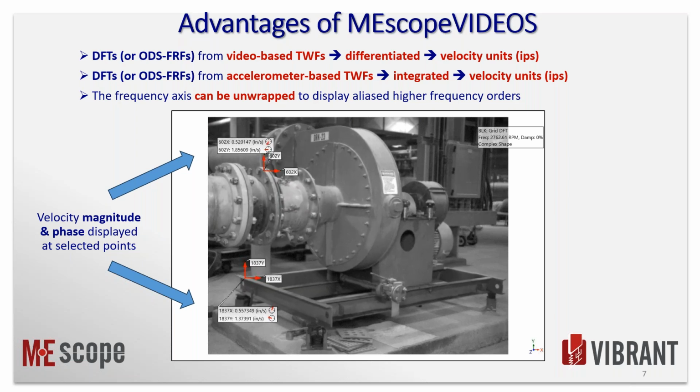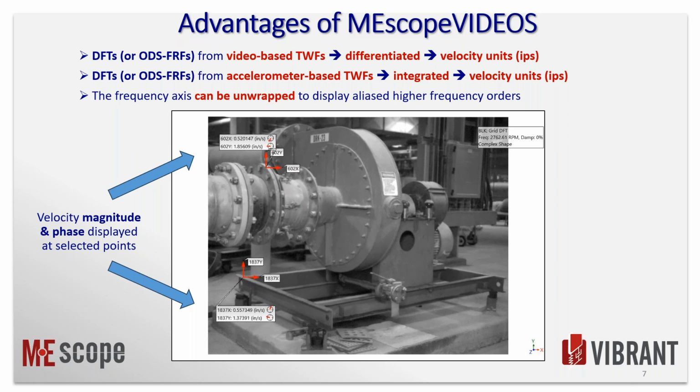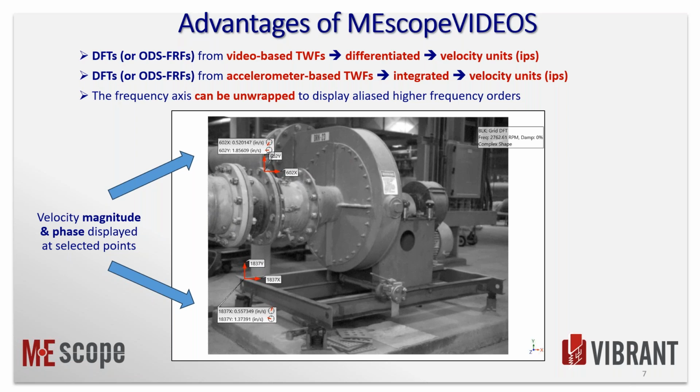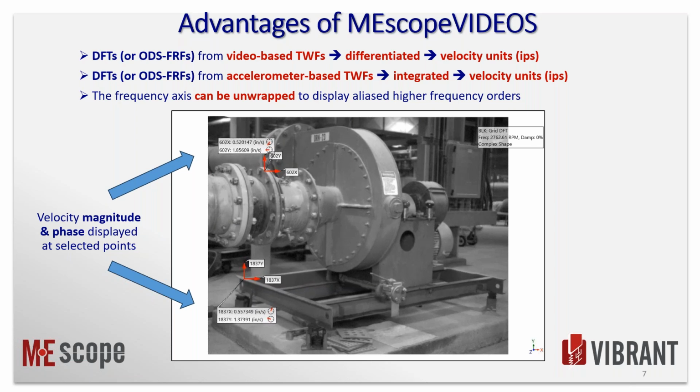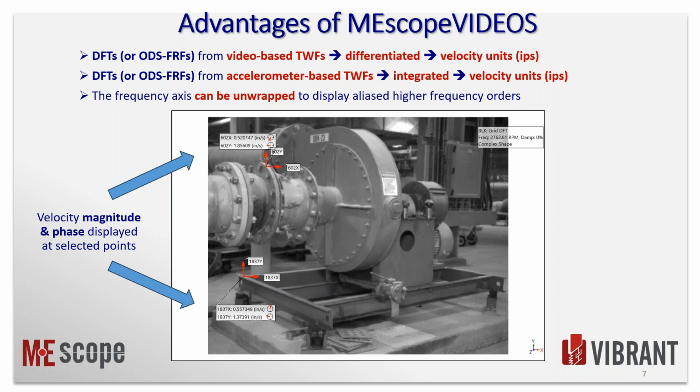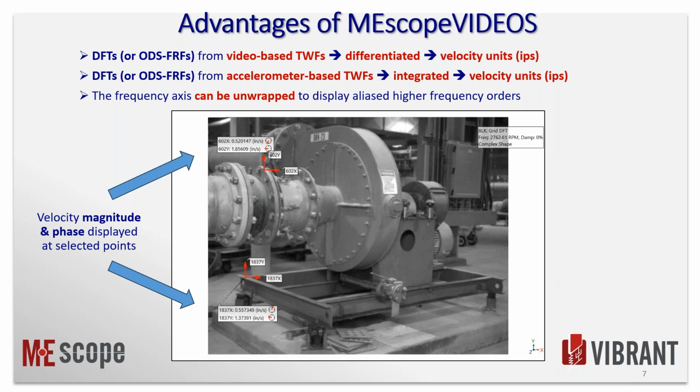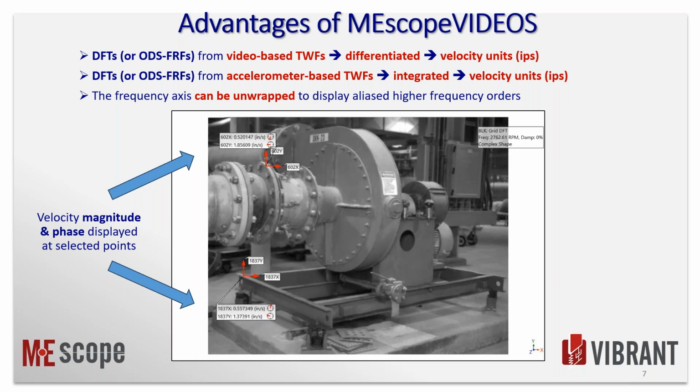So you can see the little phase diagrams here in this video. In the X direction, which is the horizontal, the phase of those 2 points are 180 degrees out of phase with one another. But in the vertical, they're almost in phase with each other.